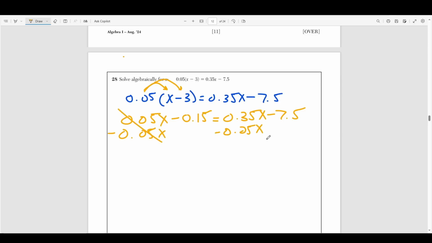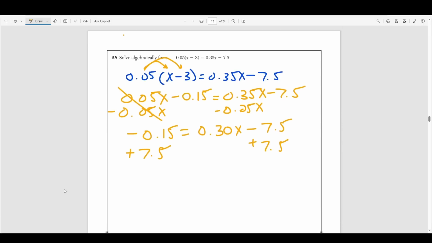That way this term cancels out, and I'll be left with negative 0.15 is equal to 0.30x - 7.5. Now you have to add 7.5 on both sides. Don't try to do the math in your head. Use your calculator.